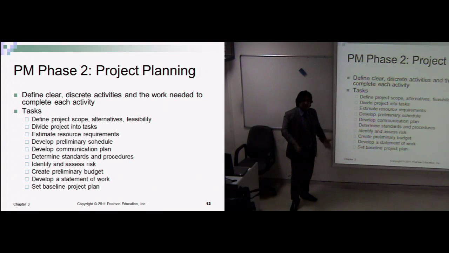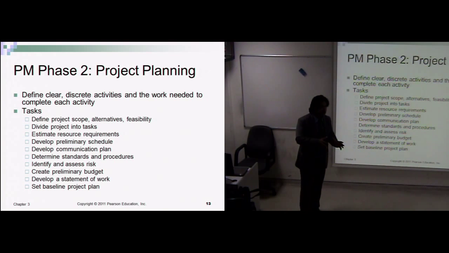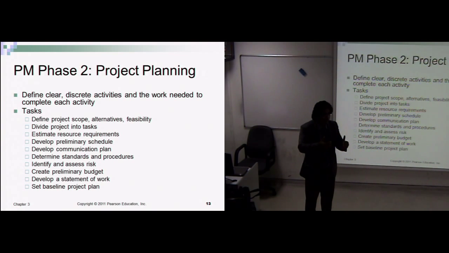Develop communication plan. Different teams will be working in the project. They need to communicate with each other, and we will discuss this in detail. They have to be able to precisely exchange information with each other effectively.